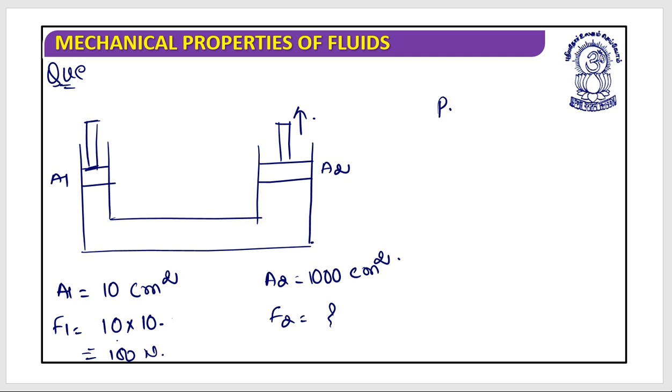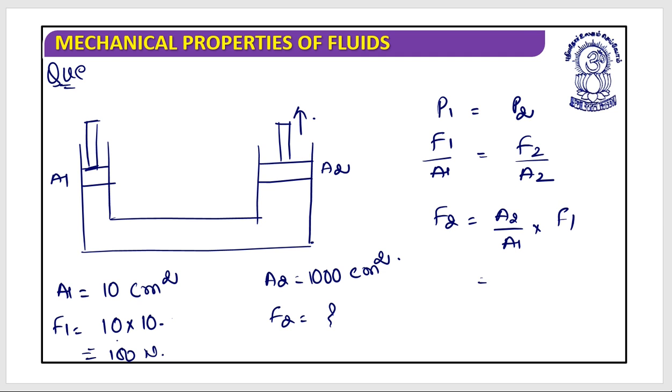So I can write that pressure at 1 is equal to pressure at 2. This is F1 by A1 equal to F2 by A2. From this, F2 equals A2 by A1 multiplied by F1. A2 is 1000 centimeter square, A1 is 10 centimeter square, multiplied by F1, which is 100.